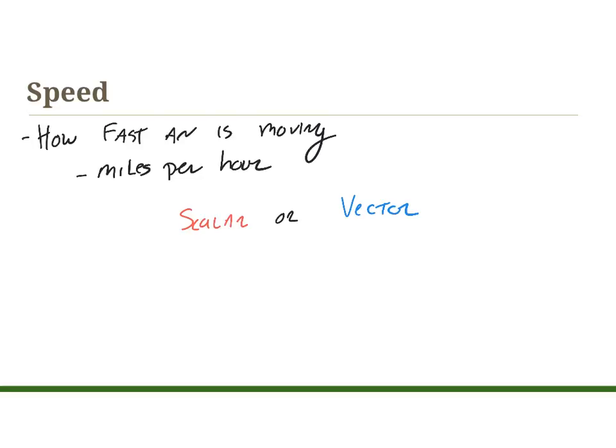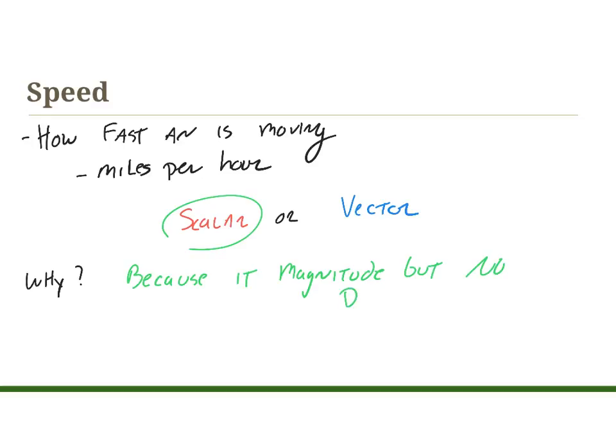In this case, we are going to say that this is scalar. So why? Well, it's because speed has magnitude but no direction. An example would be something like 35 miles per hour, which you could convert to meters per second if you wanted to. You don't have to.